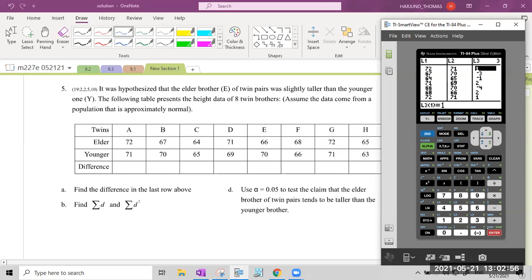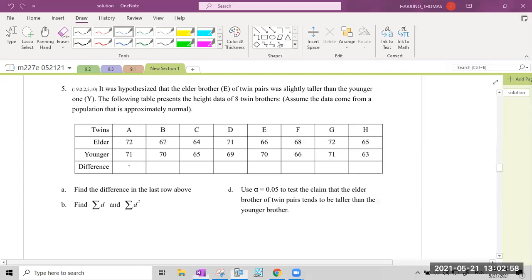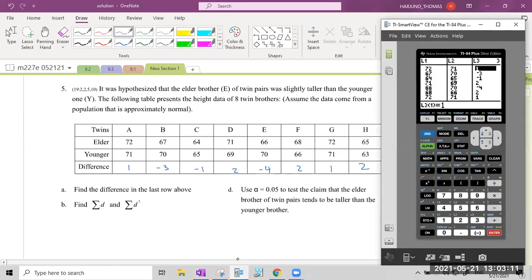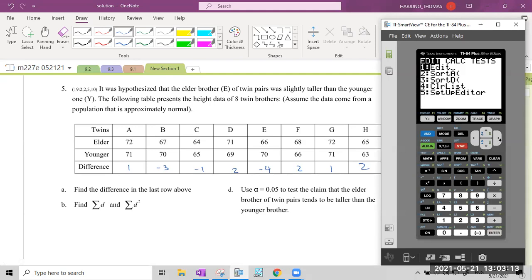Then they will occupy that for us. But we can actually compute that quite easily here anyway. Yeah, we can easily put that in. Now, the reason I use calculator is actually to do one variable stats for list 3, not list 1. Oops, for list 3.